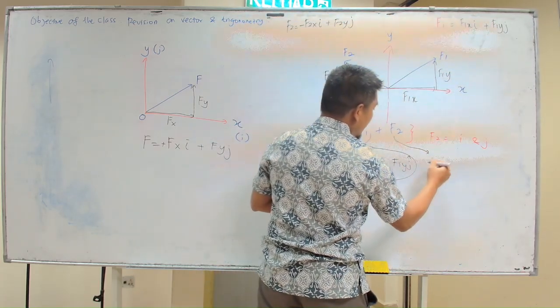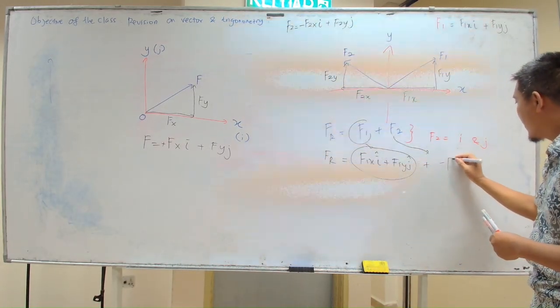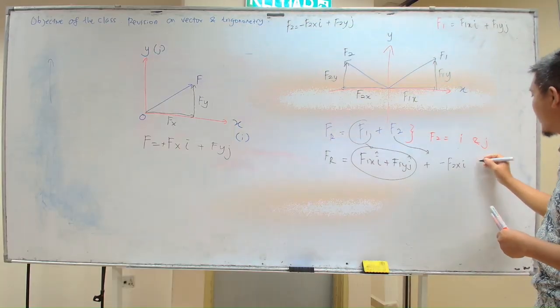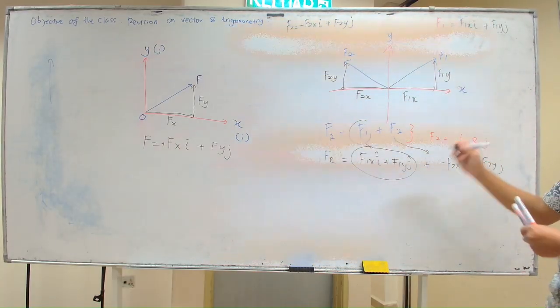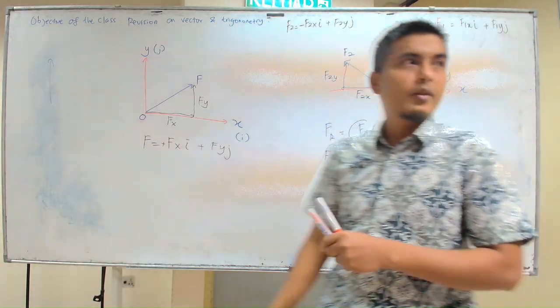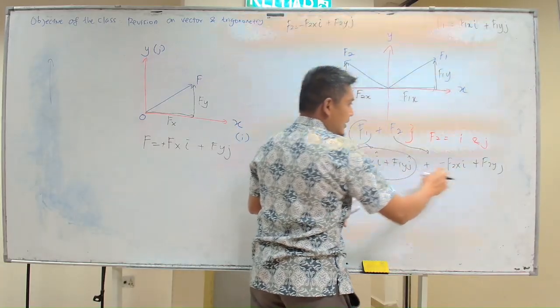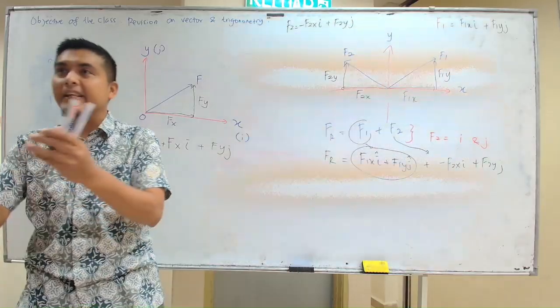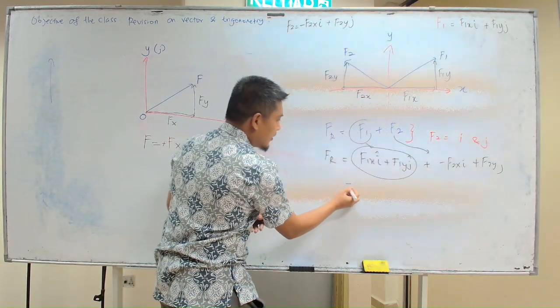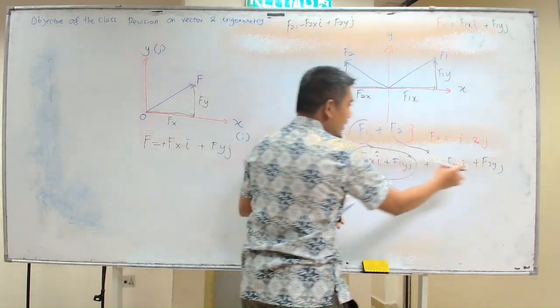The F2 is negative F2X i plus with F2Y j. So now we have i, j, j. Is it correct? So we can simplify it. We put i together and j together.